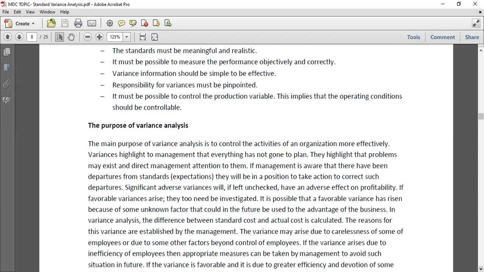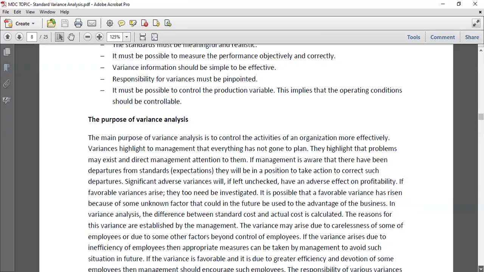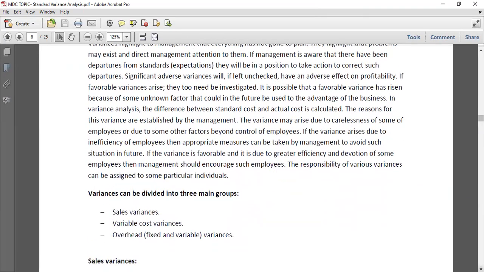That is the key advantage: to determine if we have any variances and check where they are coming from. What is the cause of the variance, and then management should be able to take action.